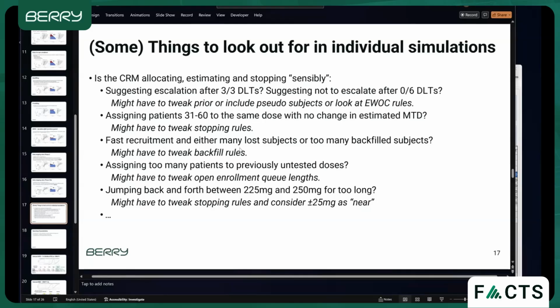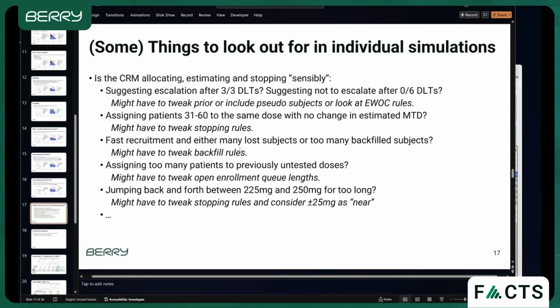What if, for example, you were at some point in the simulated trial, say at patient number 31, and you're now relatively sure that 225 milligrams is the MTD, but you keep assigning patients there. The 31st patient, 32nd patient, the 33rd patient.